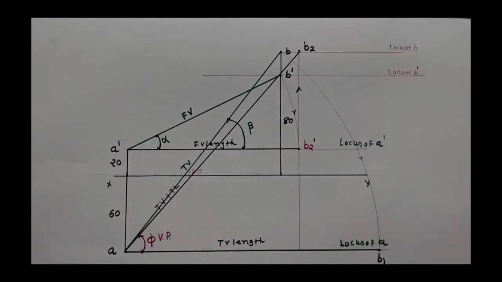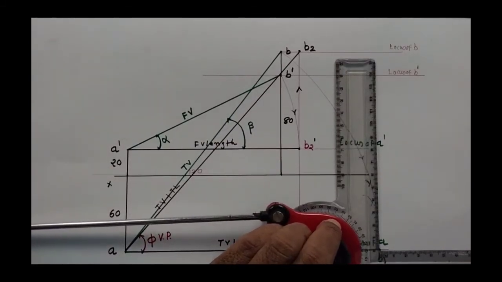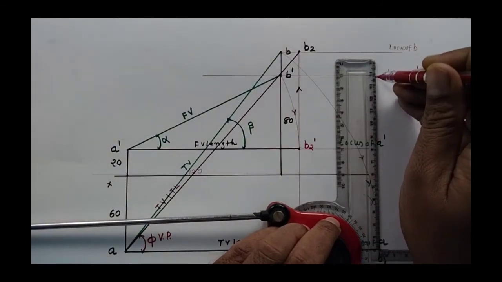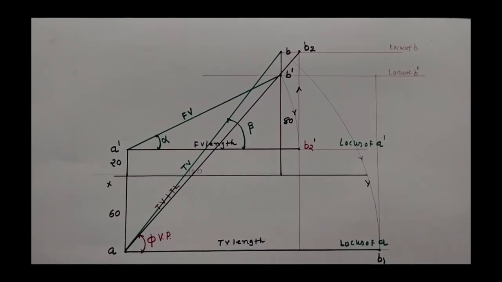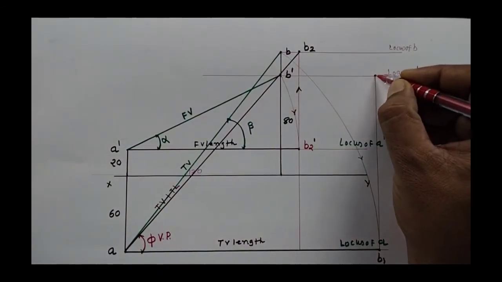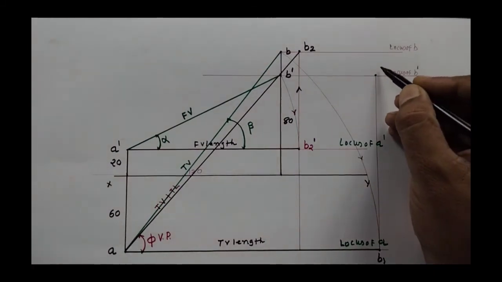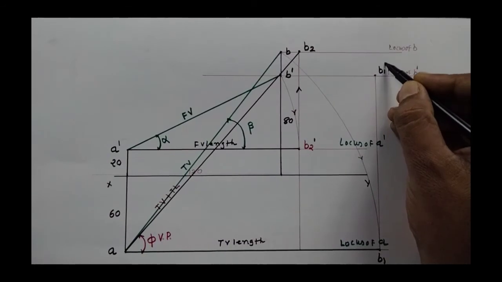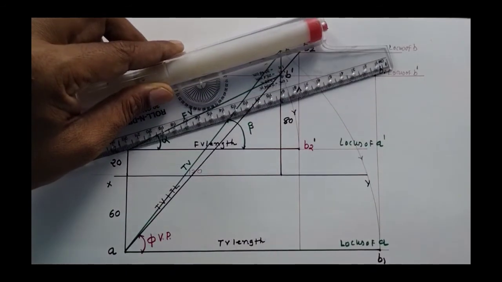So for that, we draw the vertical projection from B1 on the locus of B dash, and this is our elevation point B1 dash. Now I join A dash B1 dash with a straight line.